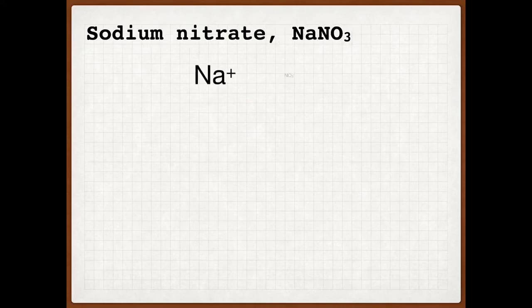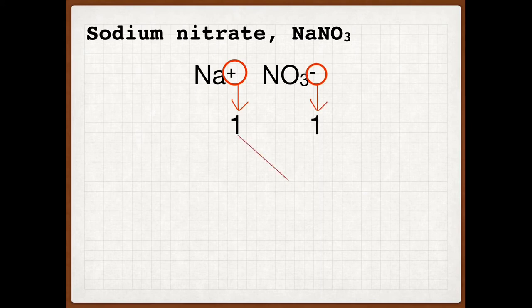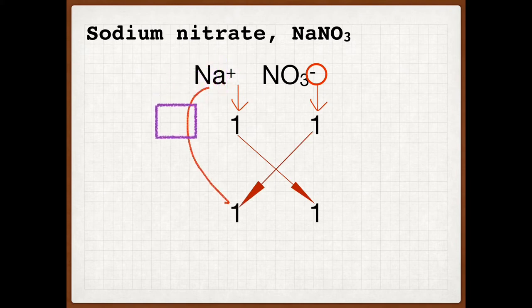Next is sodium nitrate. Sodium ion Na+ and NO3- nitrate ion. So bring down the charge +1 and -1. We cross the number 1 and 1. So it means 1 sodium ion involved.